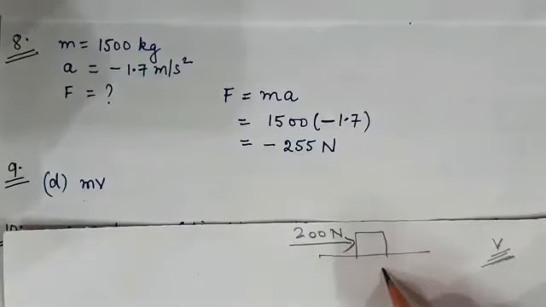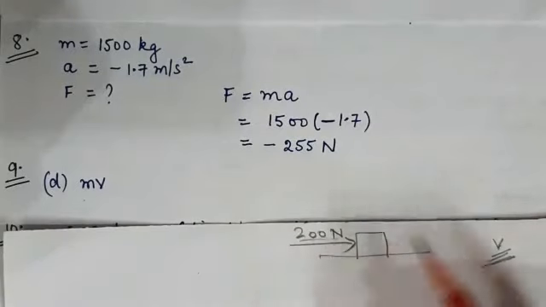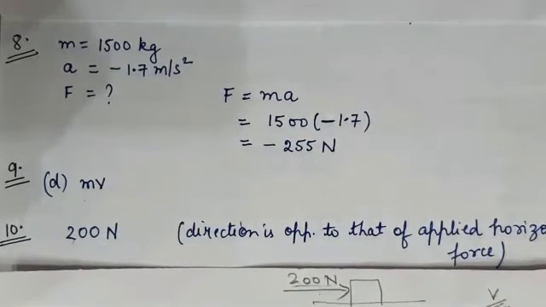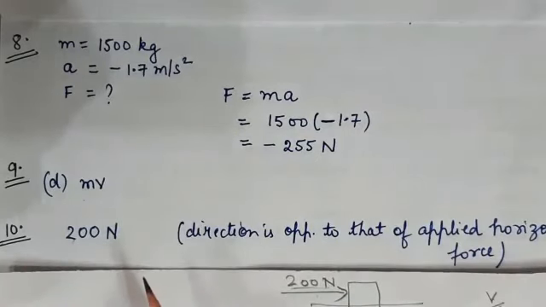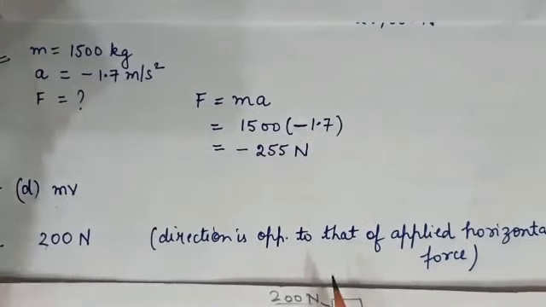It means the frictional force on the cabinet will be equal to this horizontal force, that will be 200 Newton. So the answer is the same, 200 Newton. But the direction will be opposite to that of the applied horizontal force.